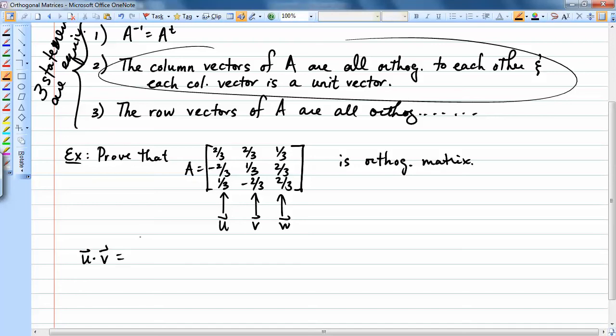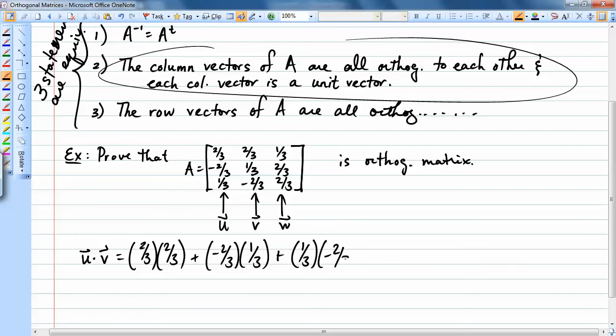U dot V is going to be 2/3 times 2/3 plus negative 2/3 times 1/3 plus 1/3 times negative 2/3. If we add all that up, that's 4/9 minus 2/9 minus 2 more ninths, so that's going to be 0. Therefore U has to be orthogonal to V. So we got that part done.